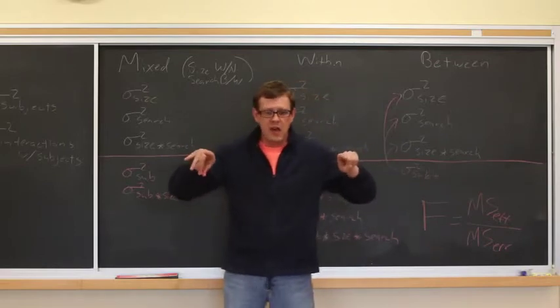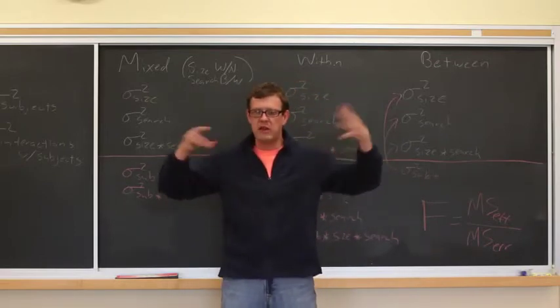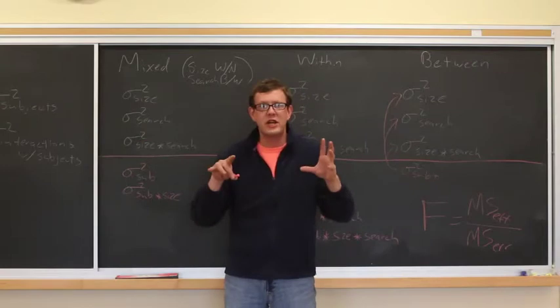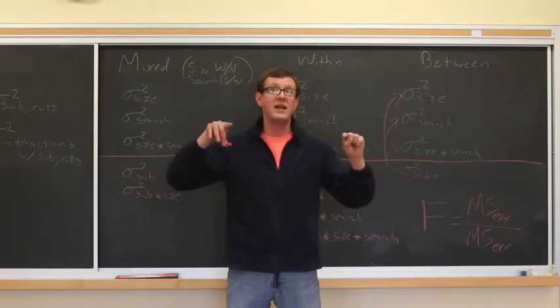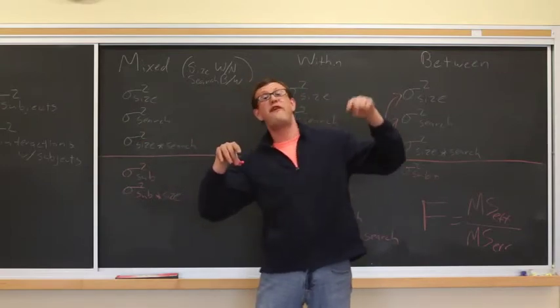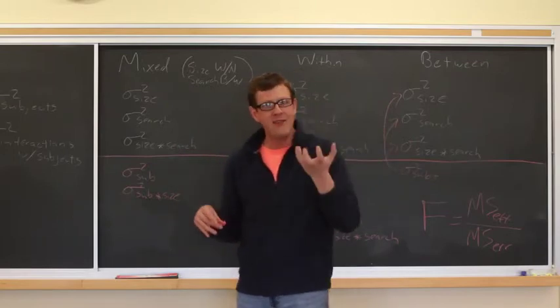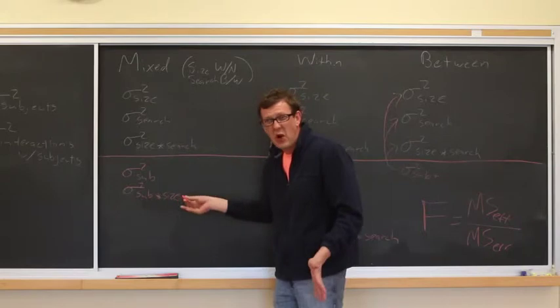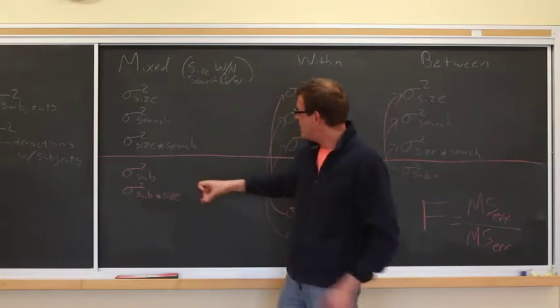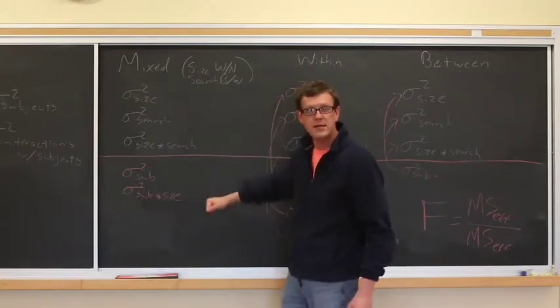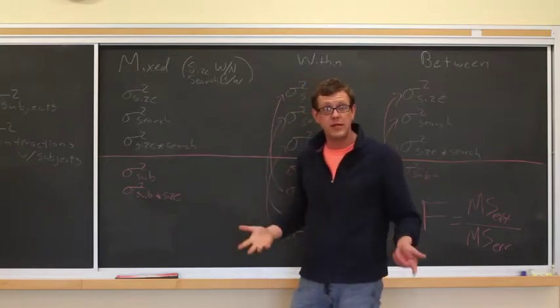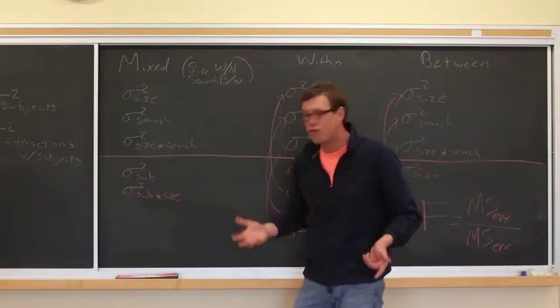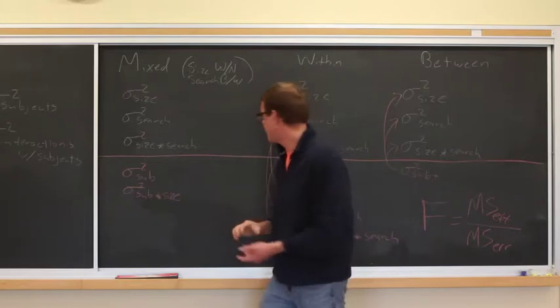So I can see if people that are generally fast in the feature condition are more fast in set size 6 or more fast in set size 12. So I have that interaction about subject and size. However, I don't have any data for individual subjects across the variable that's varying between subjects. So that means I can't break this up any further.